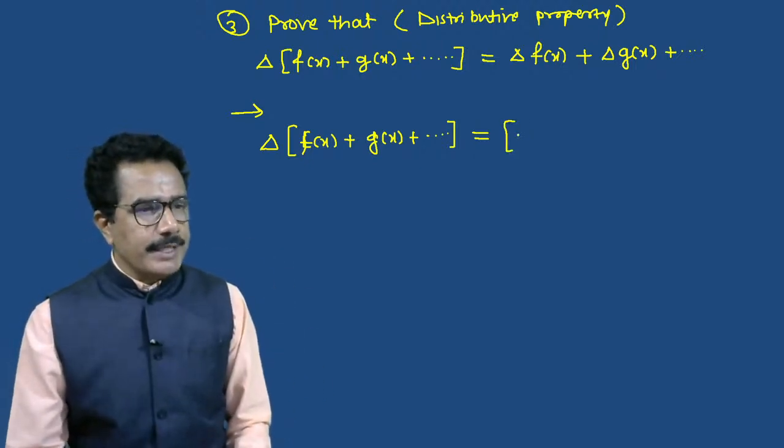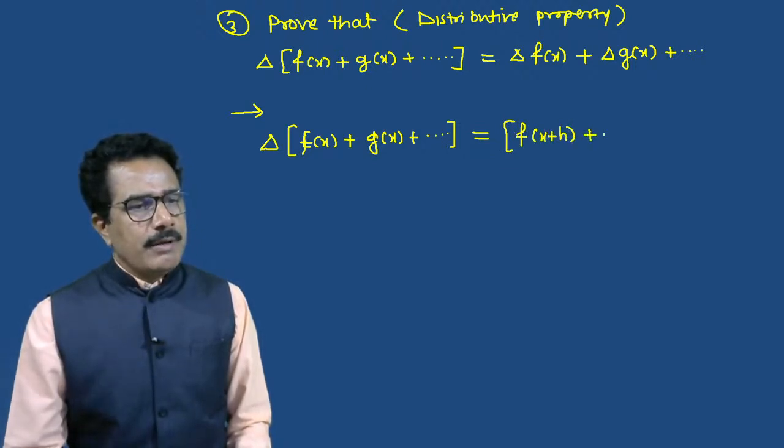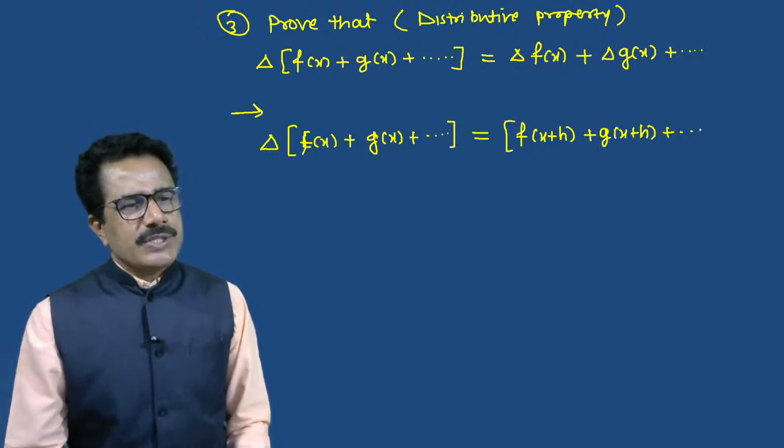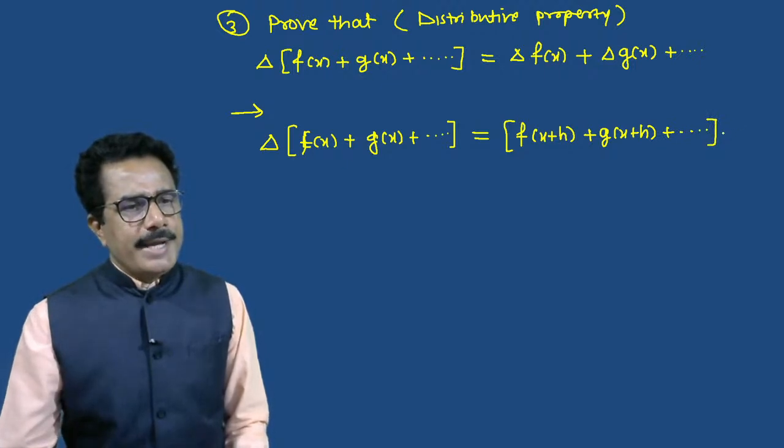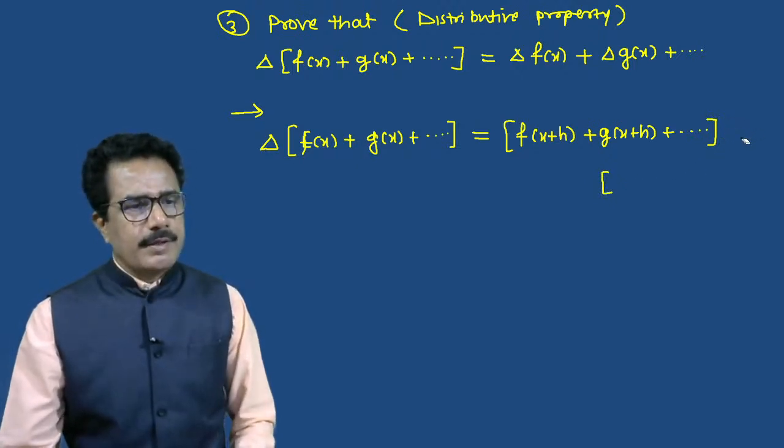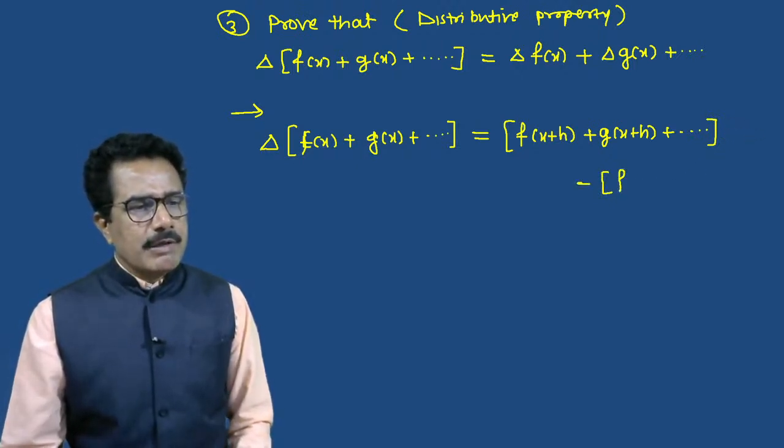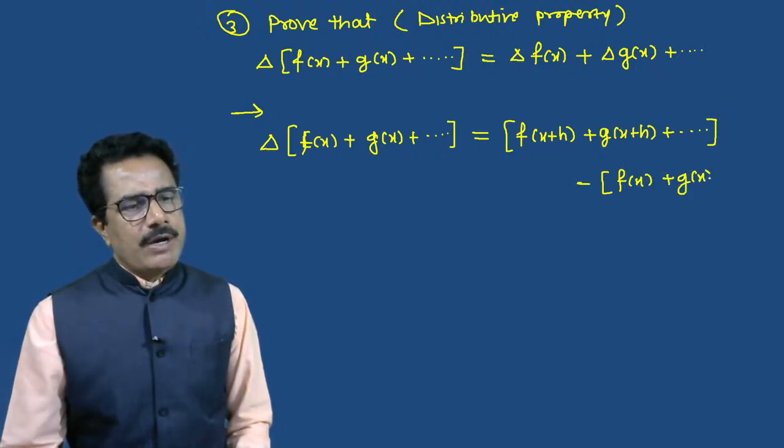So this can be written as f of x plus h plus g of x plus h plus dot dot dot, minus, we can write minus, f of x plus g of x plus dot dot dot.